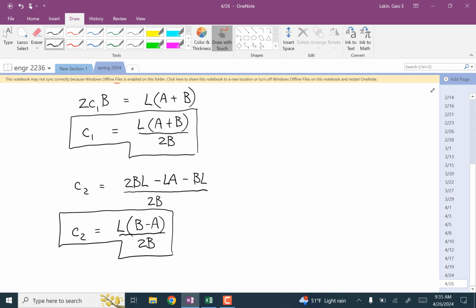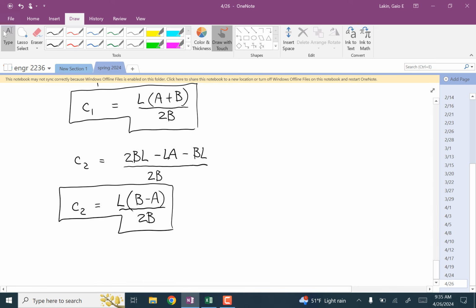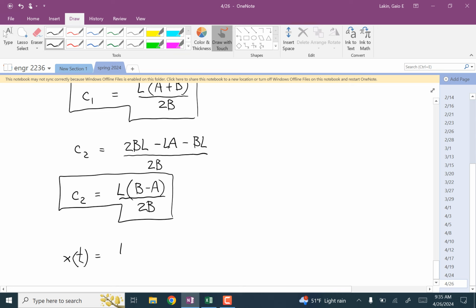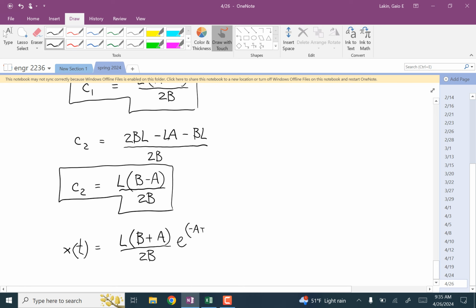Okay, and now our total solution, let's write that out, is equal to L times B plus A over 2B times e to the negative A plus B times t, plus L times B minus A over 2B times e to the power of negative A minus B times t.